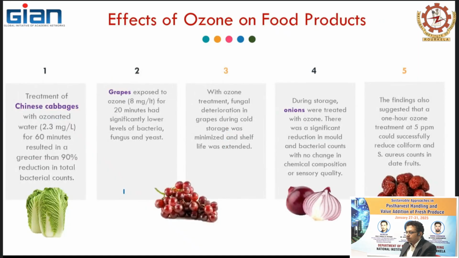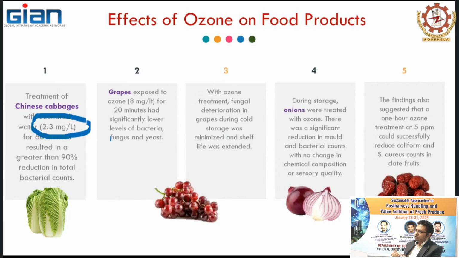Now there are some studies on ozone treatment, and mostly on the research side they look at ozonated water. What we are more interested in is the concentration being used. When they used it for cabbage, the concentration was 2.3 milligram per liter, but the challenge is that as researchers we always try to optimize.